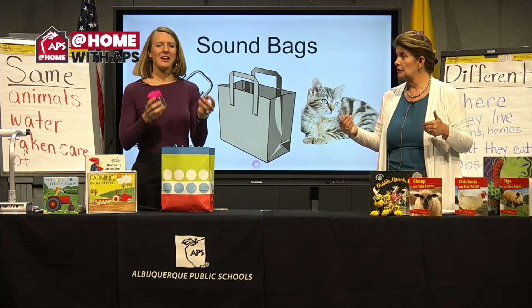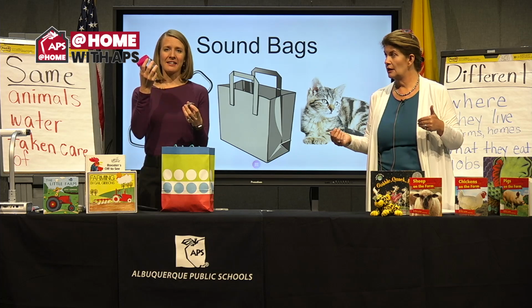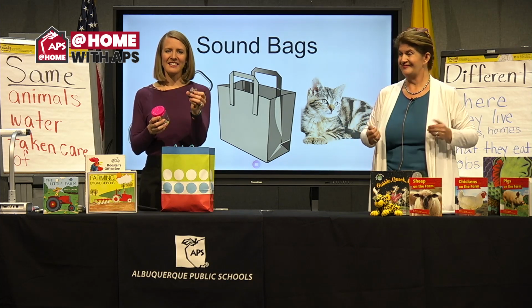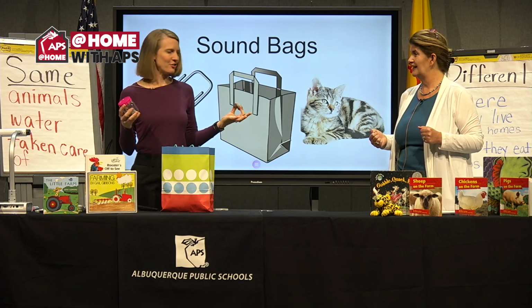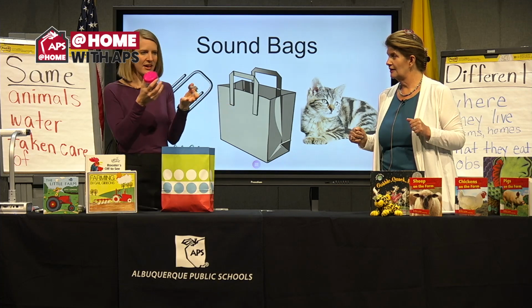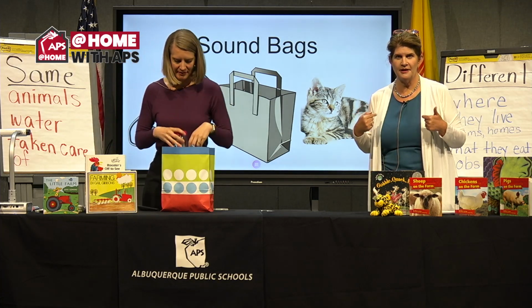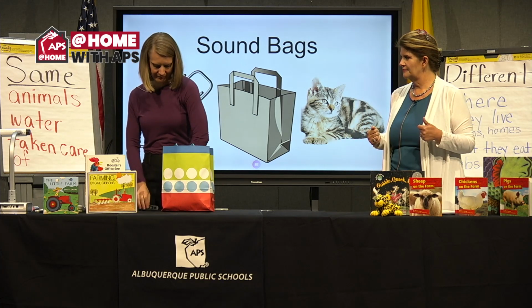K. That's right. We've identified that same sound in clip and cat, the k sound. That's how phoneme identification works. We identify that sound in words that have that same sound. Okay, I think I've got it. Have you got it? Let's try the next one.